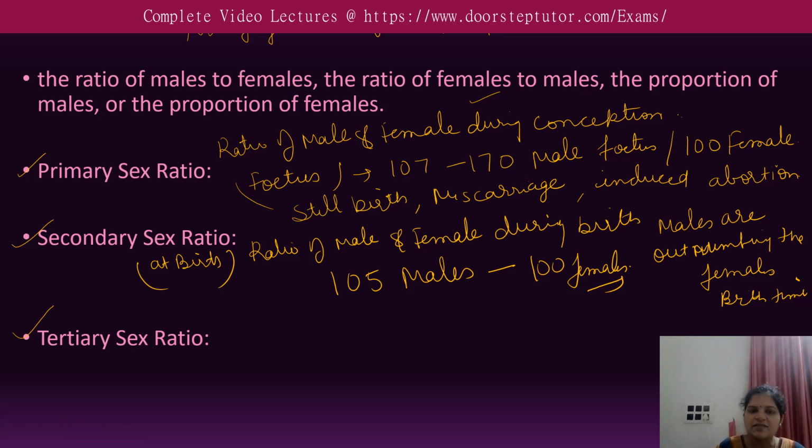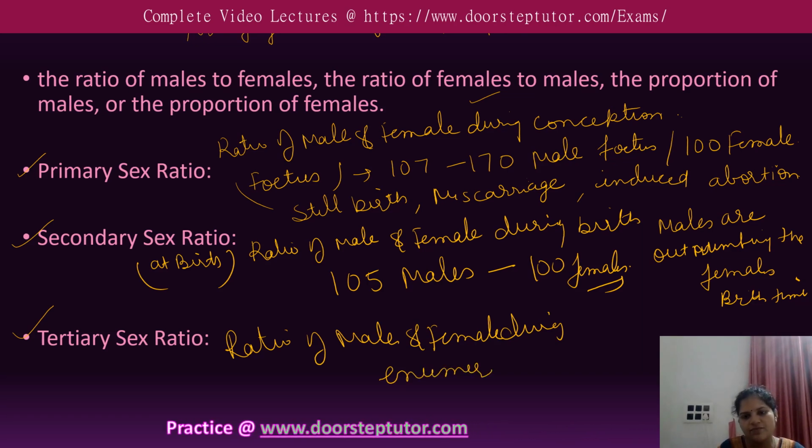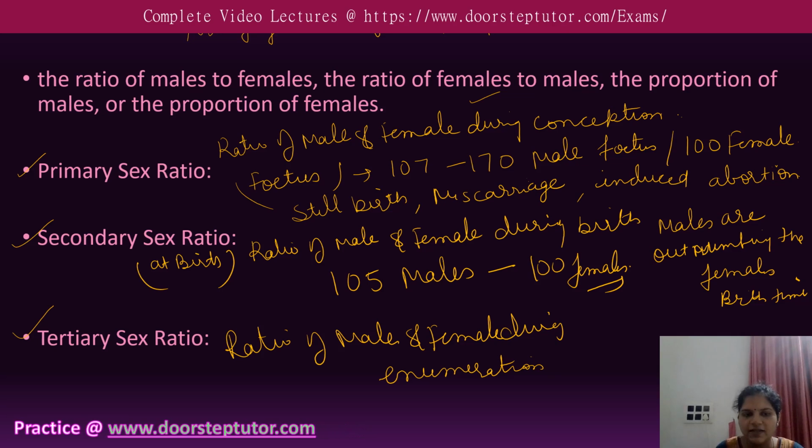Then tertiary sex ratio is the ratio of male and female during enumeration. If a survey is being conducted, then at that particular time, what is the ratio of males to females in the population? So this tertiary sex ratio is the after effect of the preceding two, that is, primary and secondary.